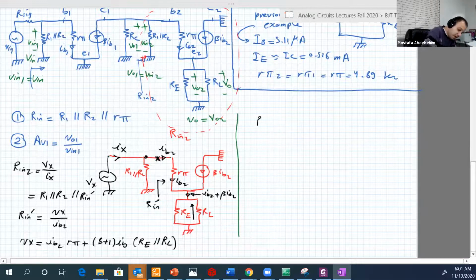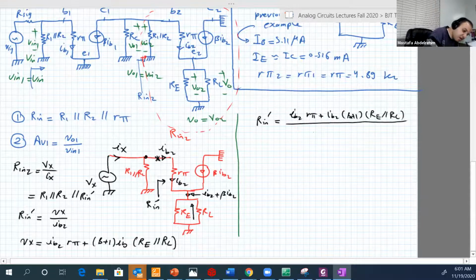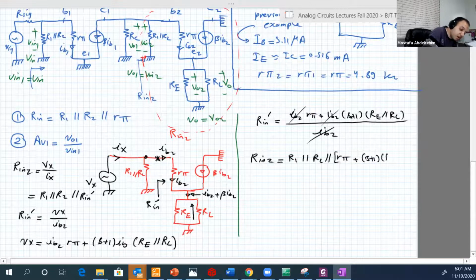So R input dash equal to Vx, which is IB2 R pi plus IB2 beta plus 1 RE parallel RL, over IB2. IB2 will go away. So R input 2 equal to R1 parallel R2, and finally parallel R input dash, which is R pi plus beta plus 1 RL parallel RE.